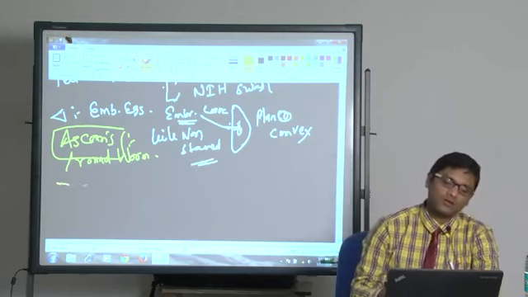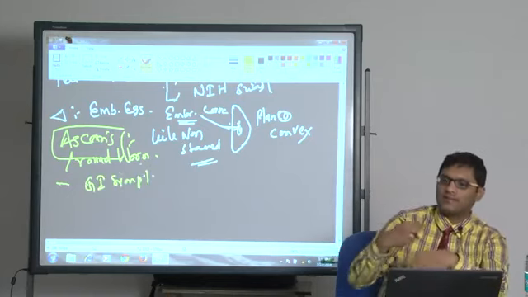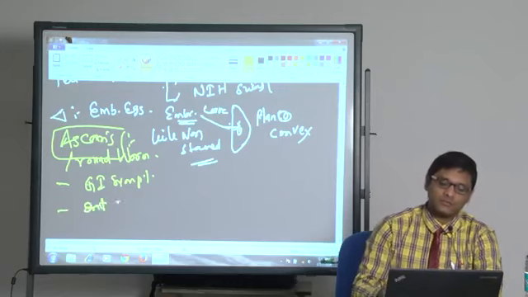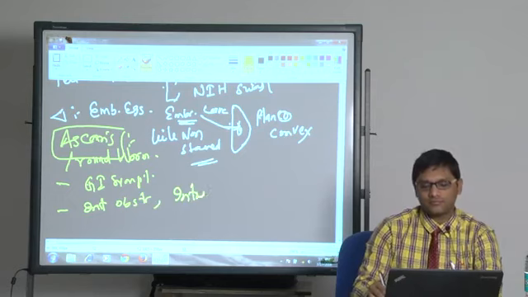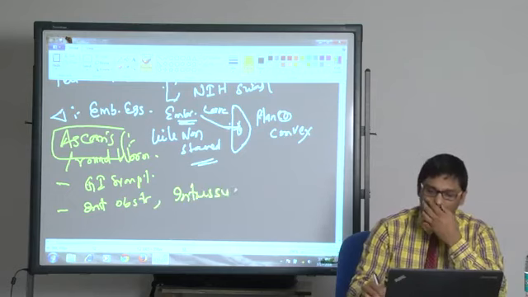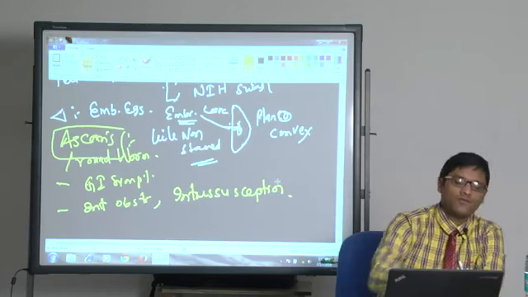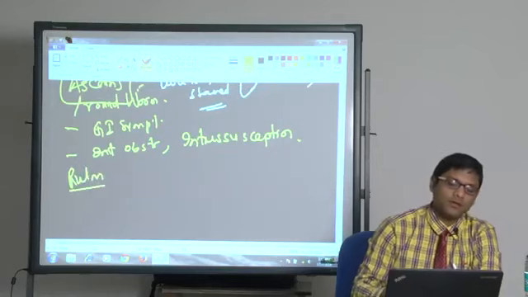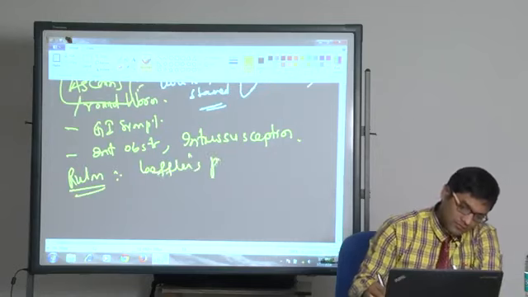It is so long that apart from the non-specific GI symptoms, because of the length it can twist and cause intestinal obstruction, sometimes even intussusception. All these are specific complications seen in Ascaris. And don't forget it has a pulmonary phase, yes or no? The pulmonary phase can cause Loeffler's pneumonia.